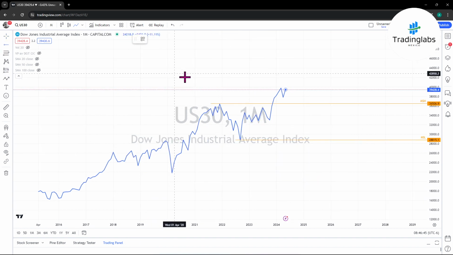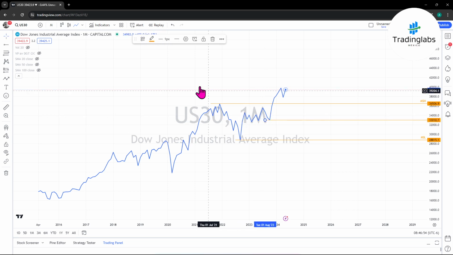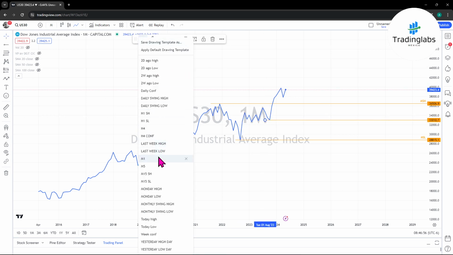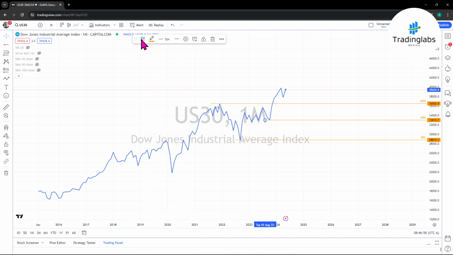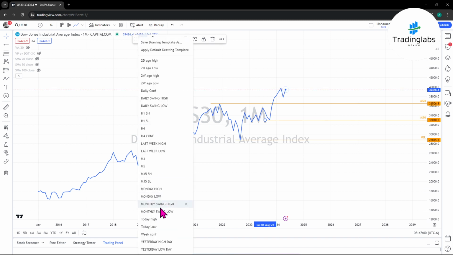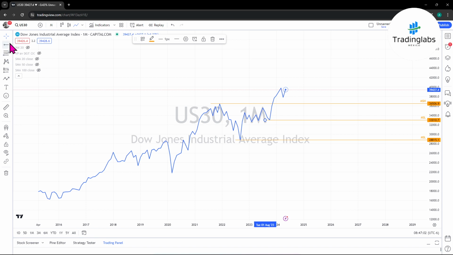And this is my monthly swing low, monthly swing high, monthly swing low, monthly swing high, monthly swing low, and this is the monthly swing low. And then we make a new monthly swing high right over here.